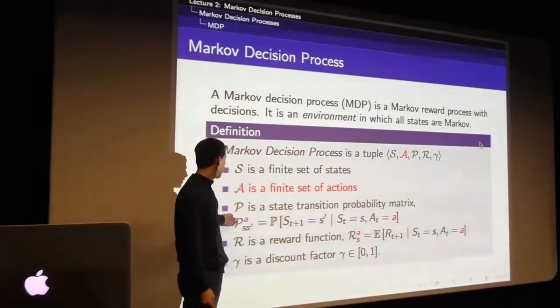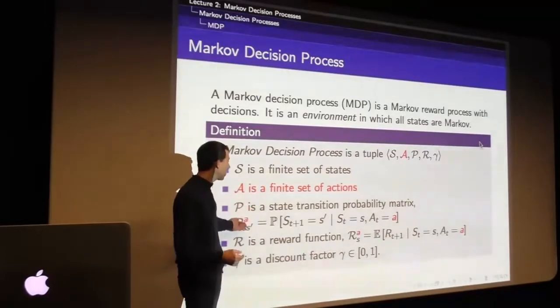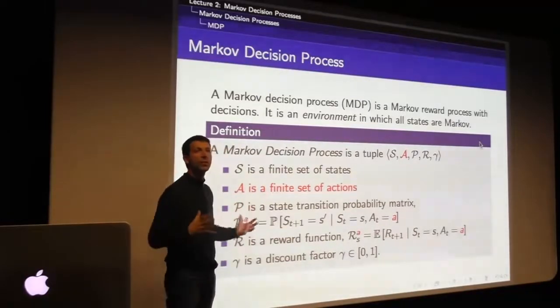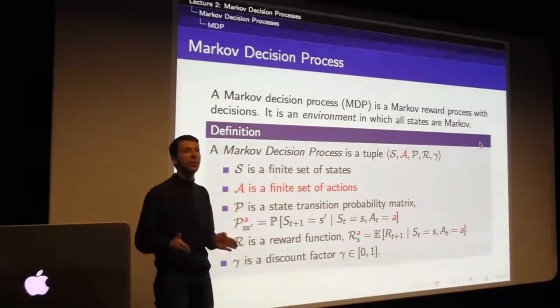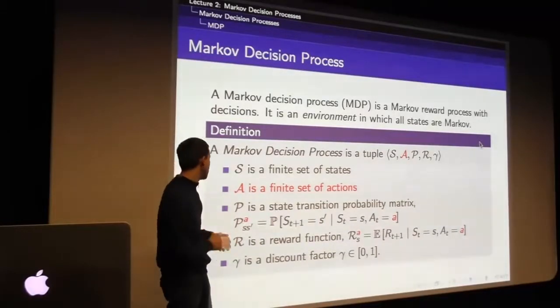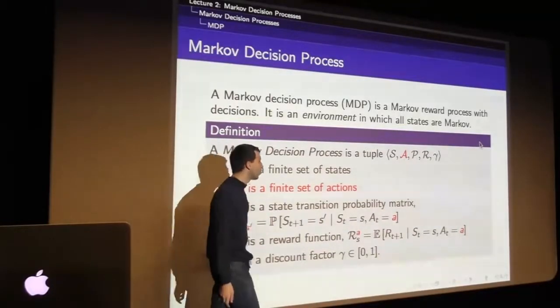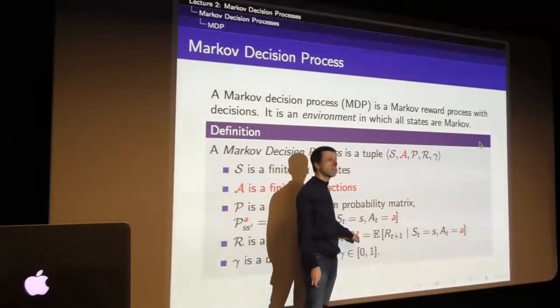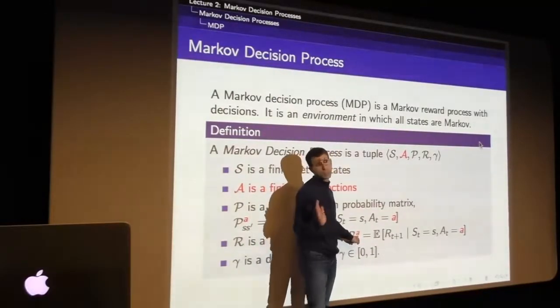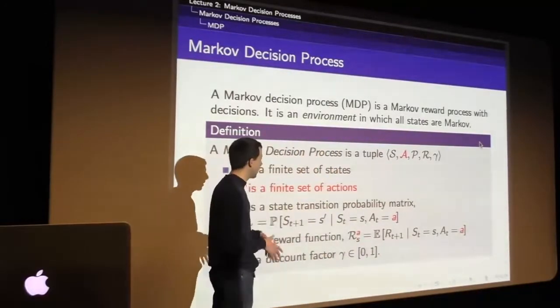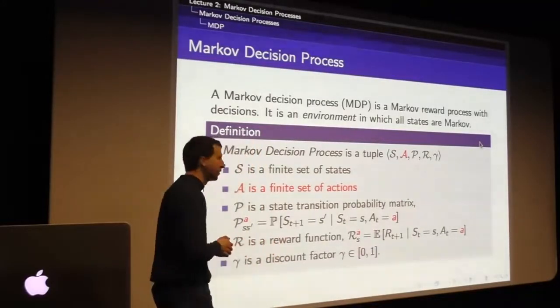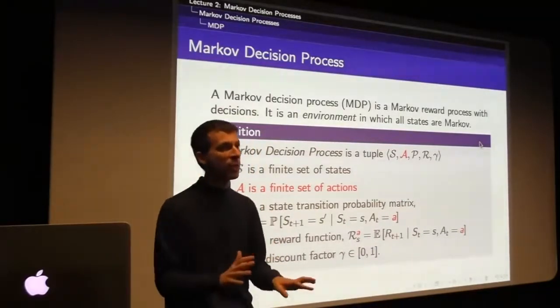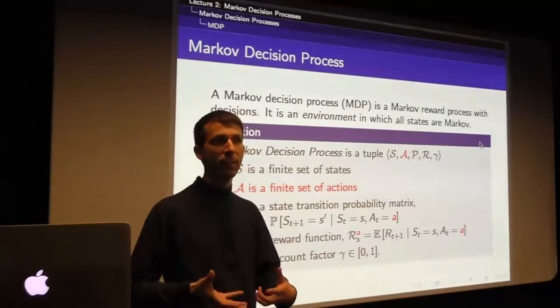So in the discrete case, there's one separate matrix of transition probabilities for each action that you might take. And now we've got this reward function. The reward function, again, may depend on the action, or may also not depend on the action, but in general, it can depend on the action. Apart from that, everything is the same. The machinery is the same. We've just introduced actions in the simplest possible way.